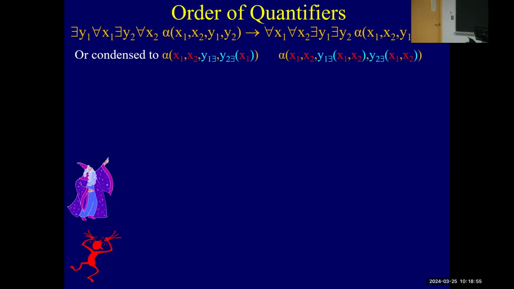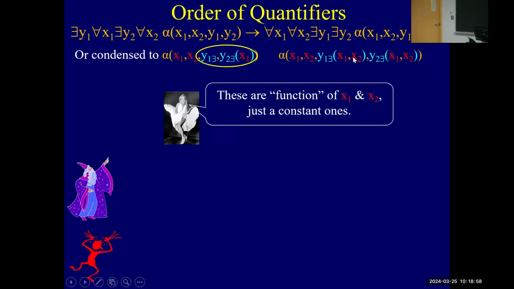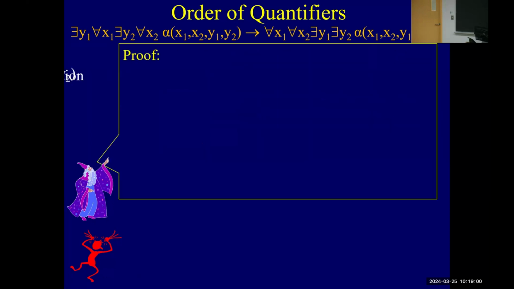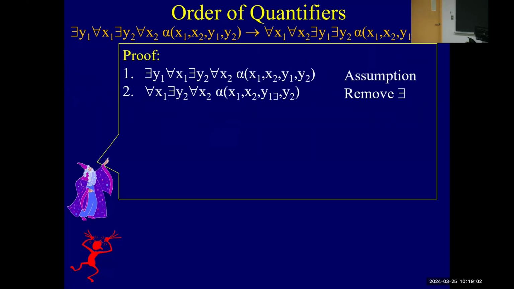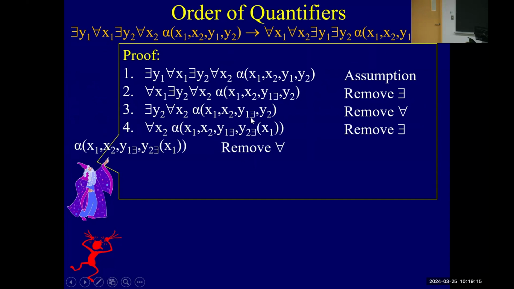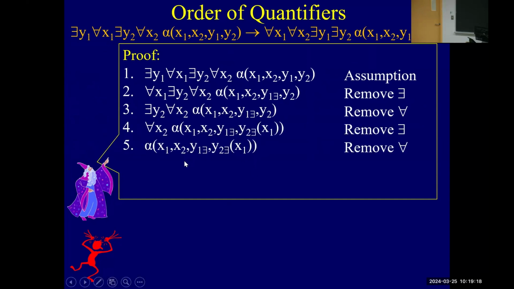So that's just what we're saying. And so we rip off the first exists, we rip off the for all, we rip off the for all, we rip off the second exists. And see here, what we have is just that line that I was saying we condensed it to, just by ripping them off.